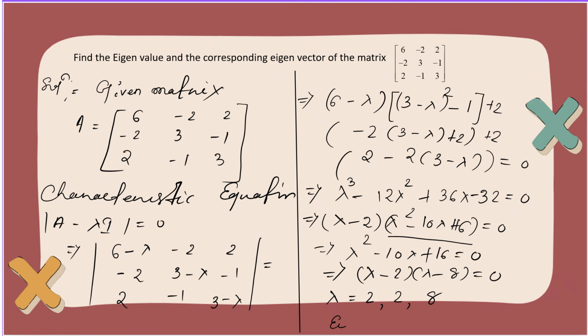These are the eigenvalues. Now by using these eigenvalues, you have to find the eigenvectors. Here the eigenvalue 2 is repeated twice. So you have to find the eigenvectors for lambda equal to 2 and another for lambda equal to 8.